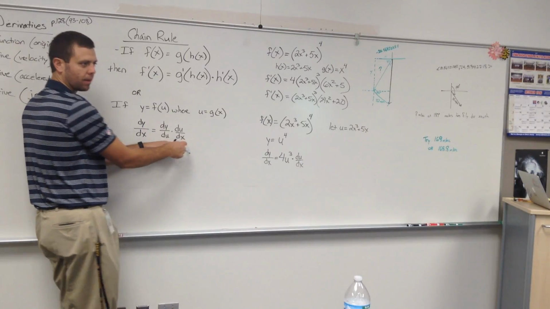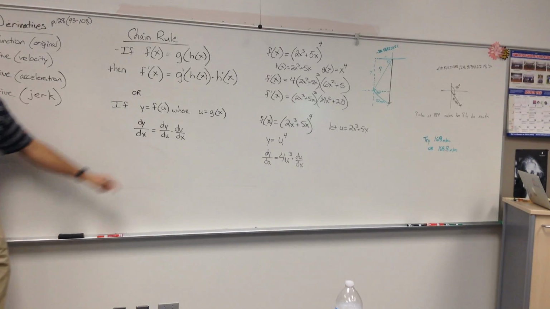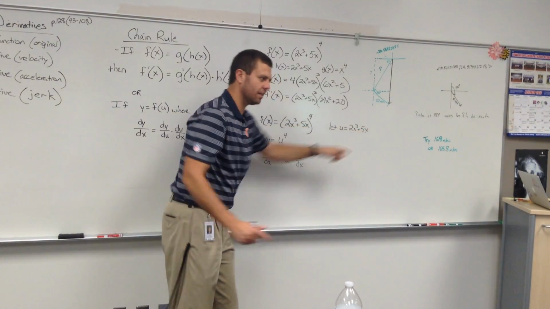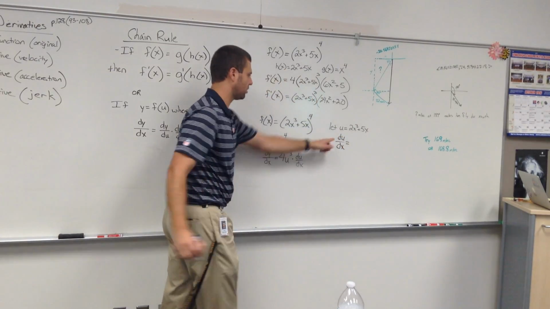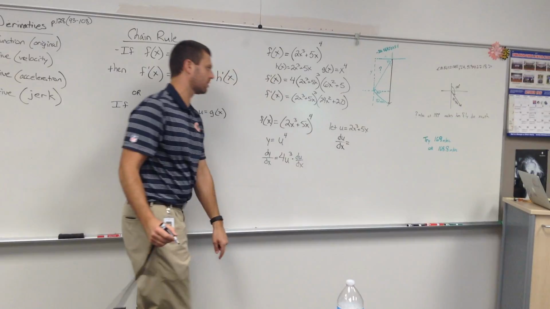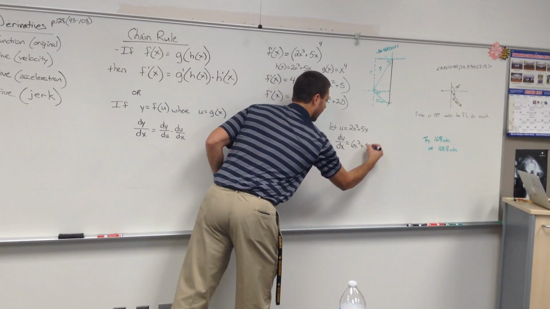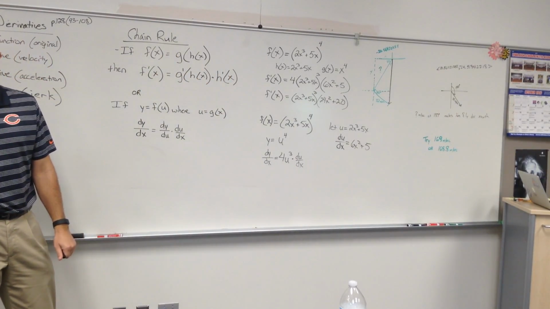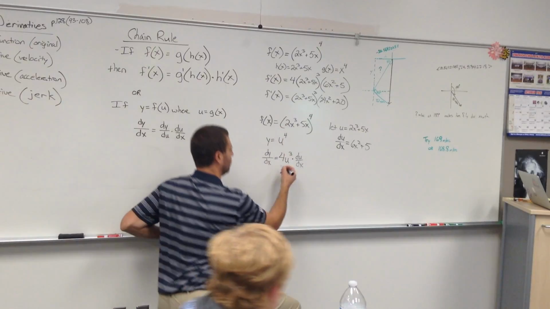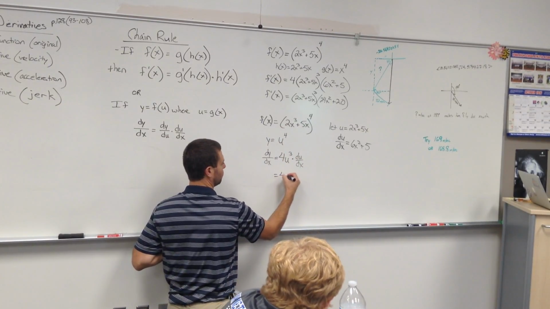So we still need to do this part. If u is this, what's du dx going to equal? What's the derivative of u with respect to x? 6x squared plus 5, right? So now I just plug back in what these u's and du's actually are. So my final answer will be 4.